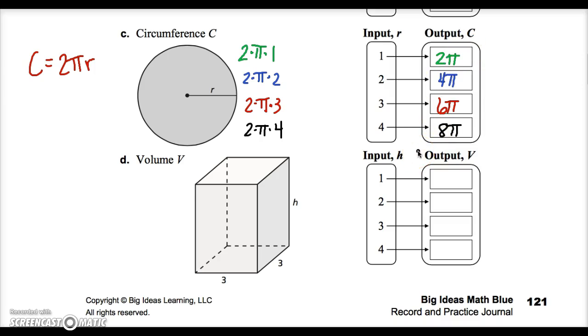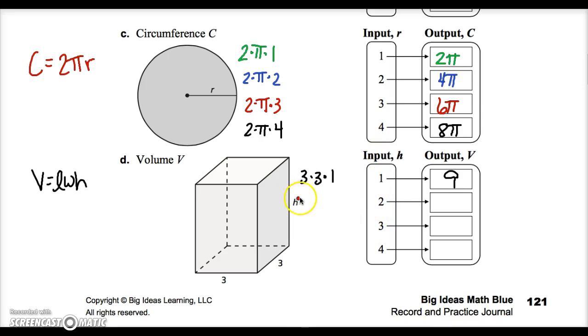And then finally on D, they want us to find the volume of the prism. So remember, volume of a rectangular prism is length times width times height. Just multiply the 3 sides together. So our input column, they've given us what the height would be. So if the height is 1, we would take 3 times 3 times 1, which gives us 9.